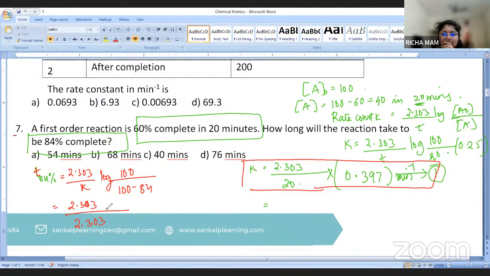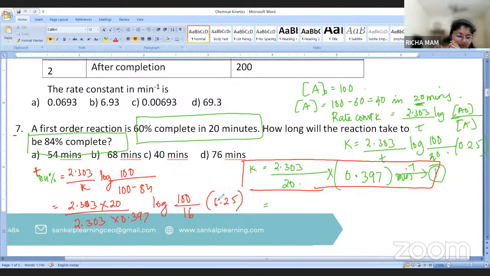2.303 into 0.397, log of 100 by 100 minus 84. How much is 100 minus 84? It is 16. So divide 100 by 16 now. 100 divided by 16 is 6.25.